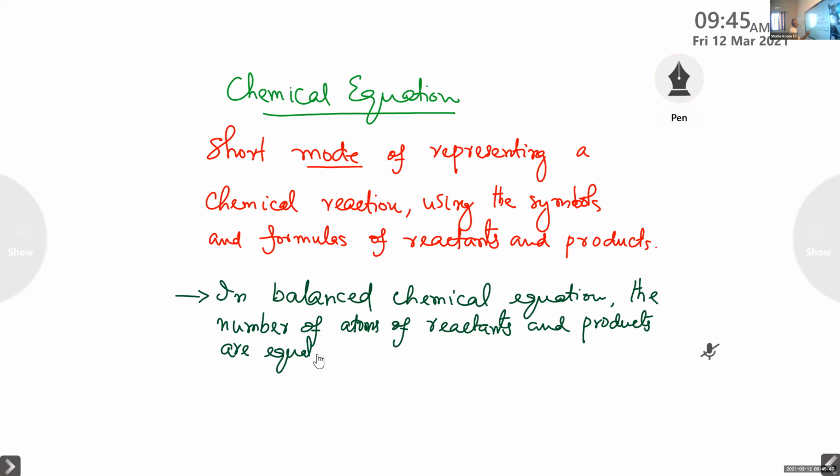So the number of atoms on both sides will be equal. Such an equation is called a balanced chemical equation. So another term comes here, balanced chemical equation.